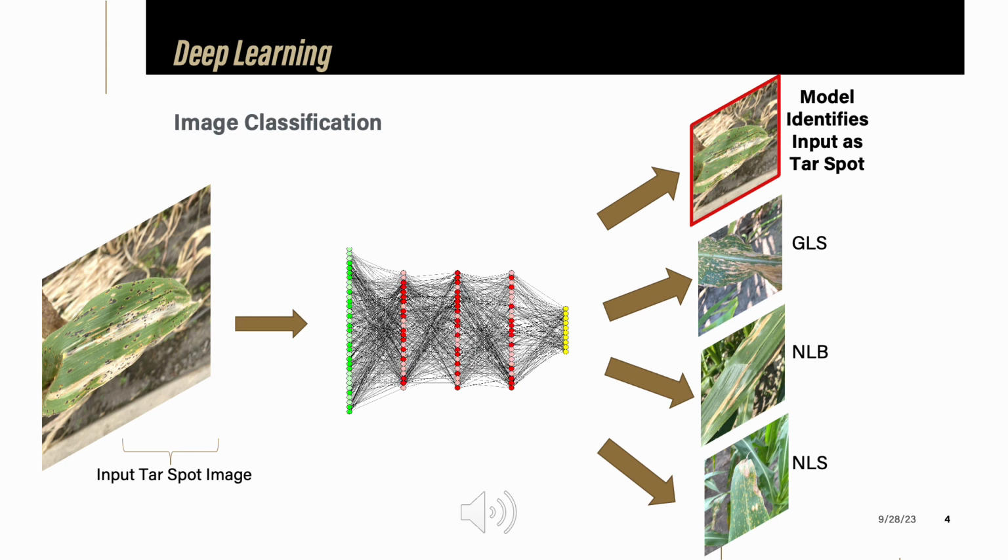Image classification helped us identify between the leaves affected by tar spot or gray leaf spot (GLS) or northern leaf blight (NLB) or northern leaf spot (NLS).